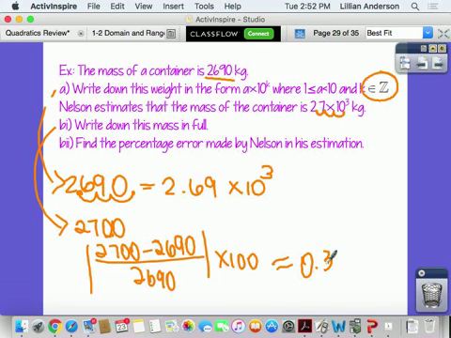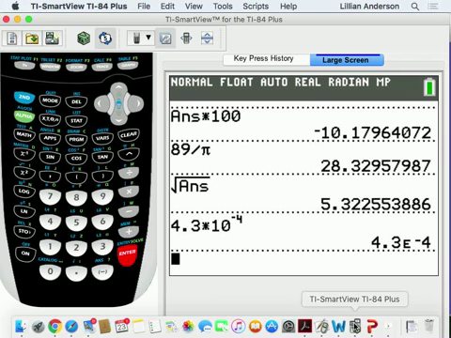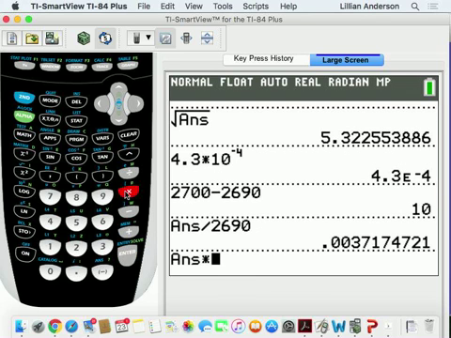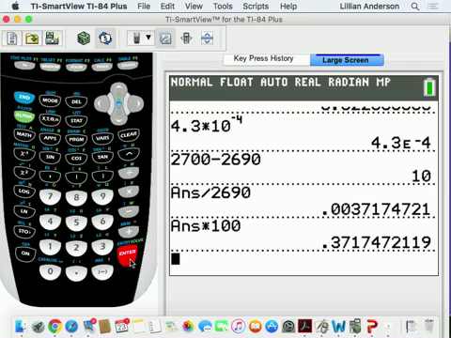Okay, let's take a look. Divide this by 2690 times 100. 0.372.